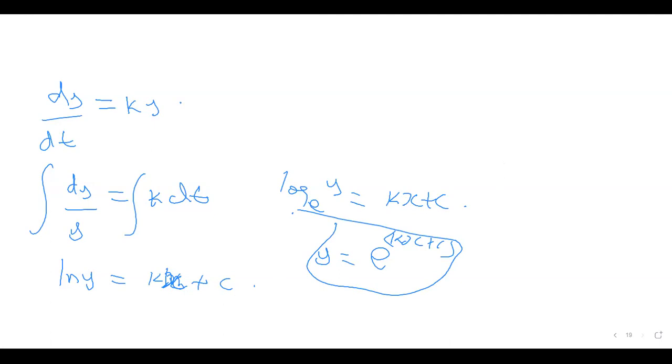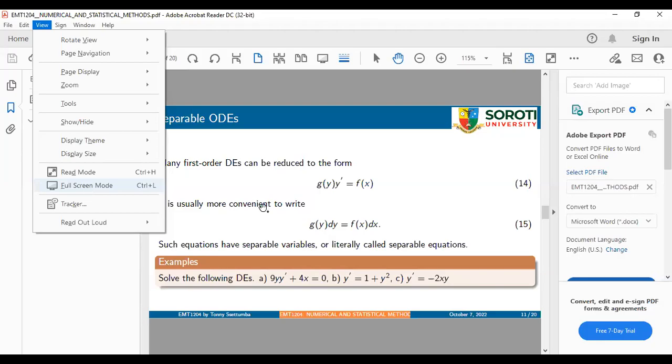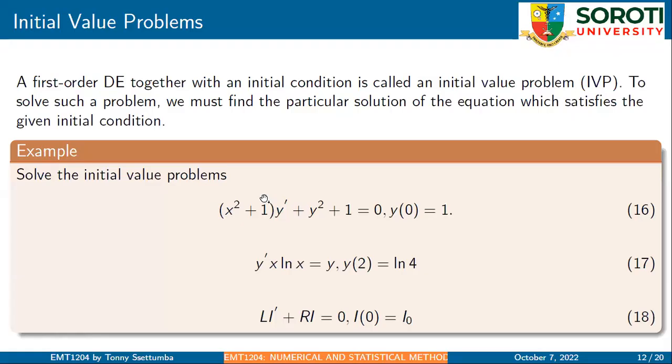Can we look at it in detail? A first order differential equation with an initial condition is called an initial value problem.